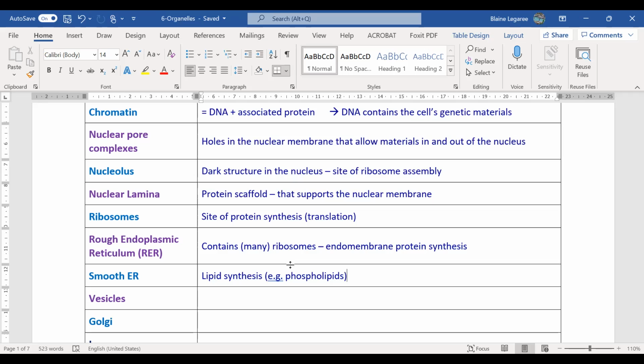That's kind of more advanced stuff. Vesicles, well, what should we call these? Small membrane compartments, membranous compartments. And they transport proteins between organelles. There we go.